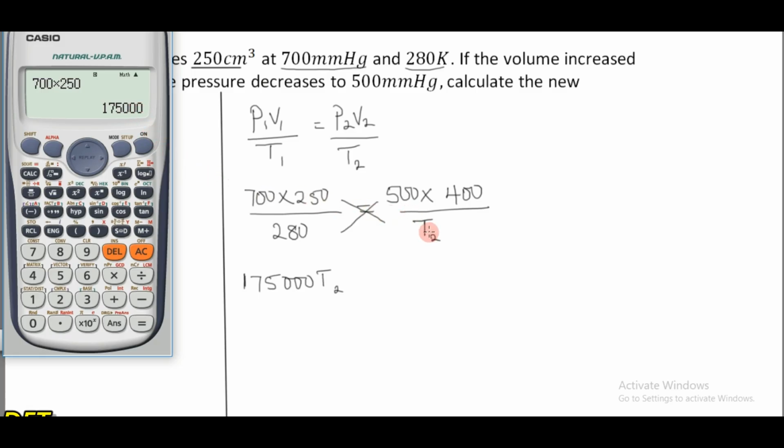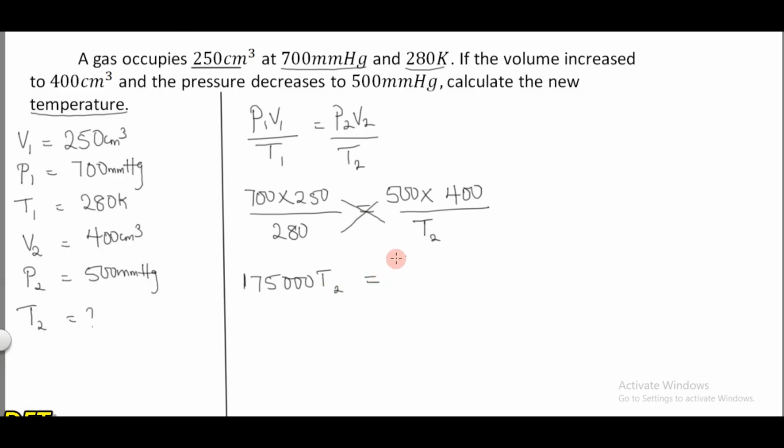So 175,000 T2 is equal to 500 times 400 times 280, right? That's what we got from the cross multiplication.